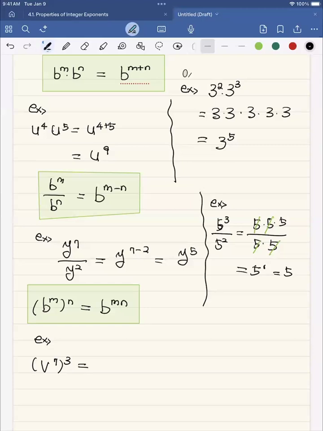Let's say we have v to the 7th power, parenthesis, cubed, then that is v to the 7 times 3 power, so that is v to the 21 power.